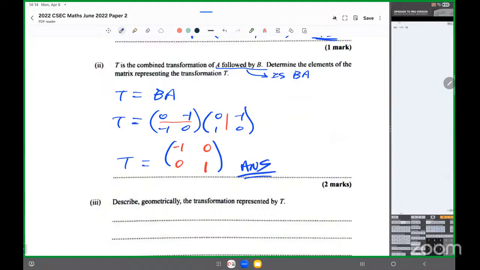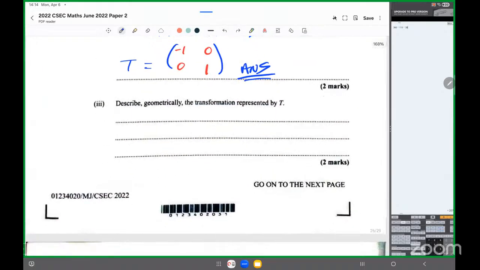And that matrix is a y-axis reflection matrix. You should know that that is a y-axis reflection matrix with a -1 up here. So describe the transformation T: a reflection in the y-axis.